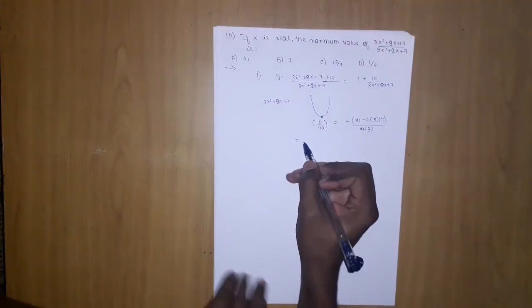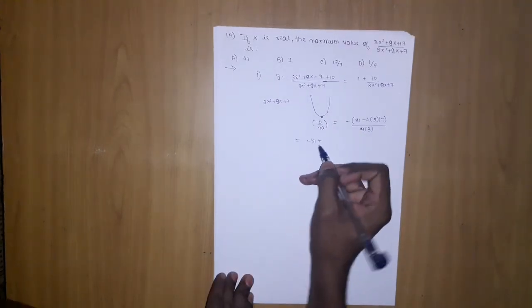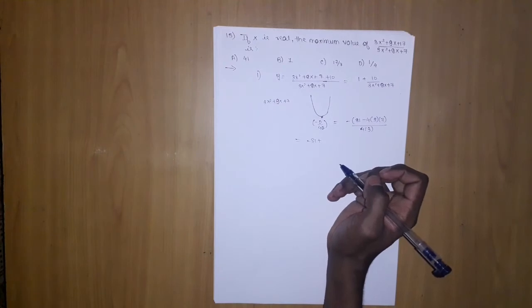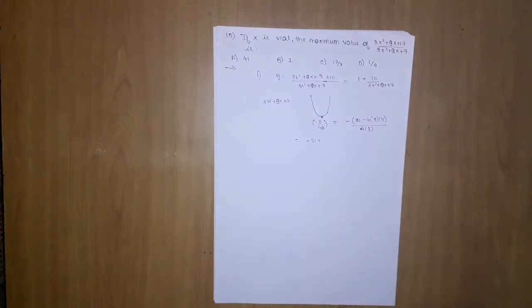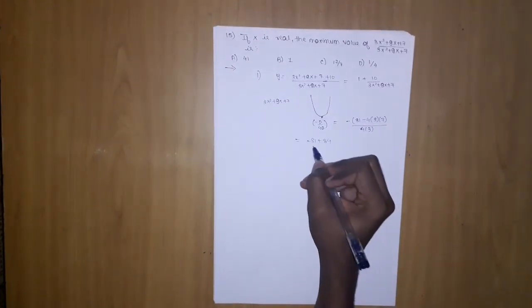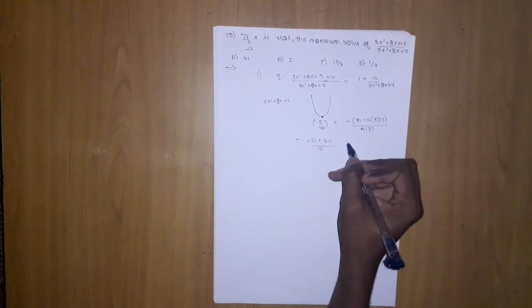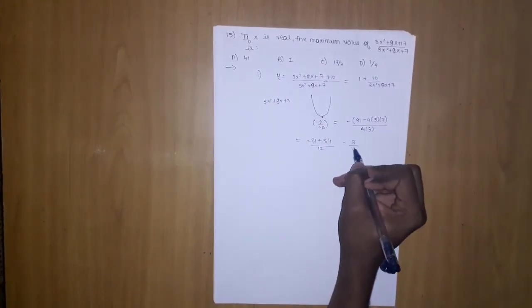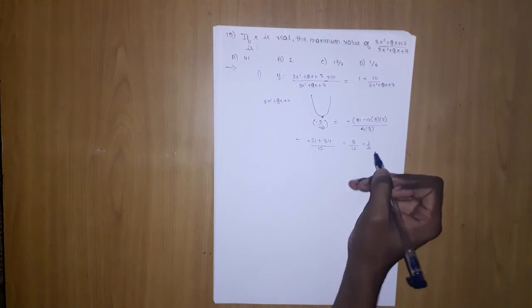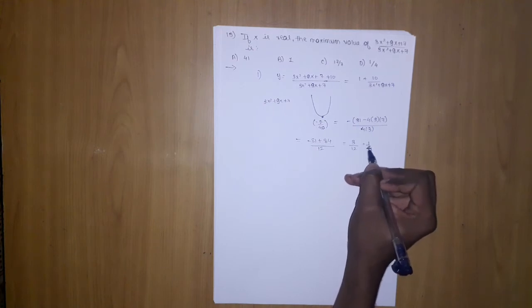Now minus 81 plus 84, upon 12. What we see is 3 upon 12, which is 1 by 4.